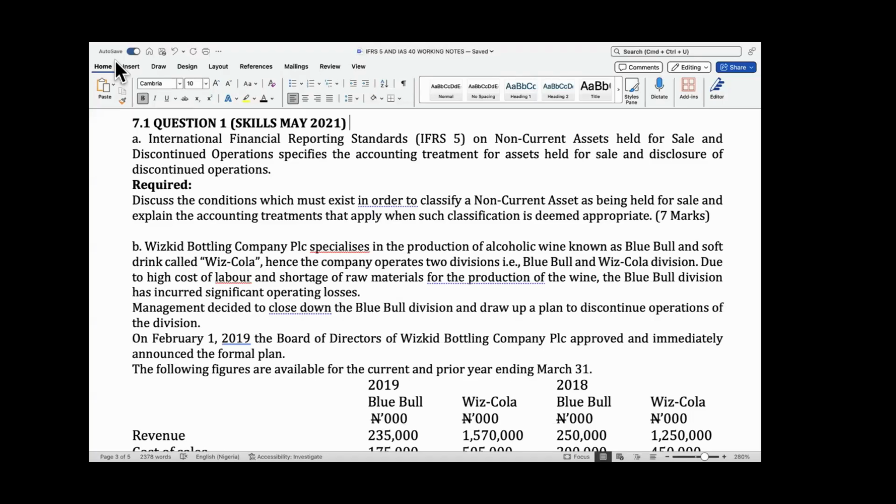Required: Discuss the conditions which must exist in order to classify a non-current asset as held for sale and explain the accounting treatment that applies when such classification is deemed appropriate.